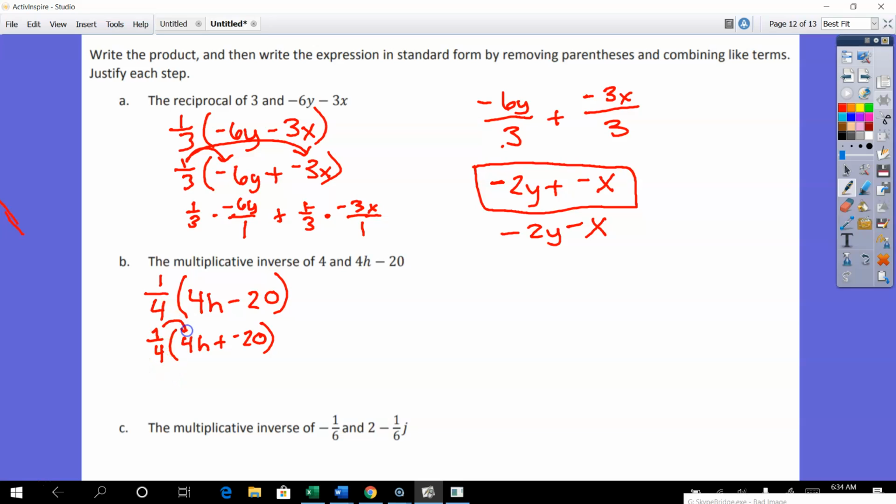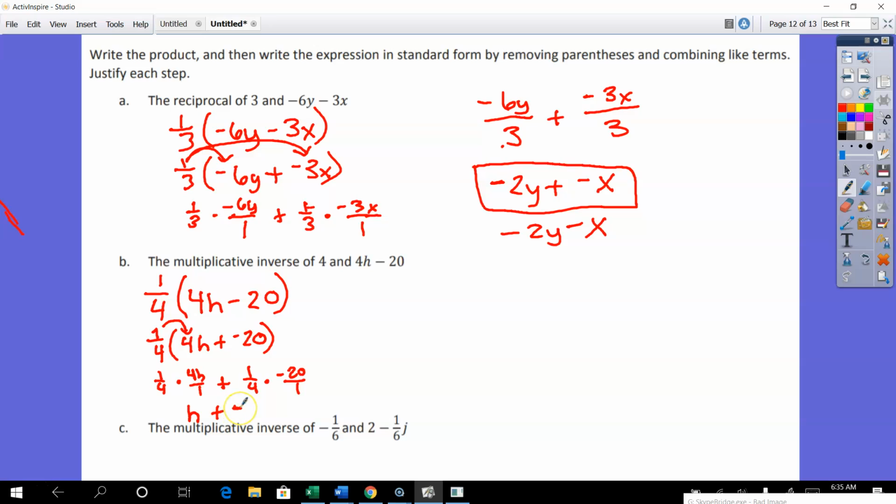So 1/4 times 4h plus 1/4 times a negative 20. 1/4 times 4h, nothing's negative, so it is going to be just positive h, plus positive times a negative is a negative.